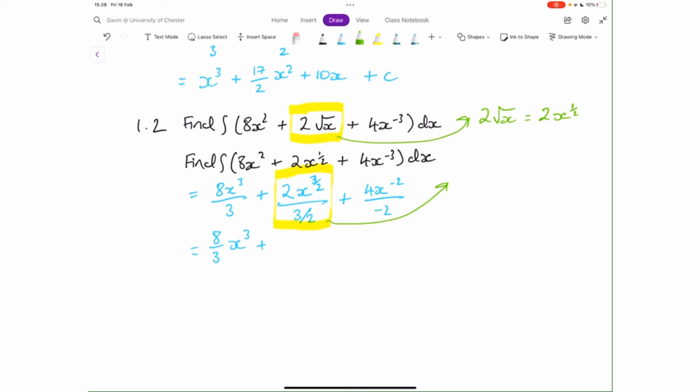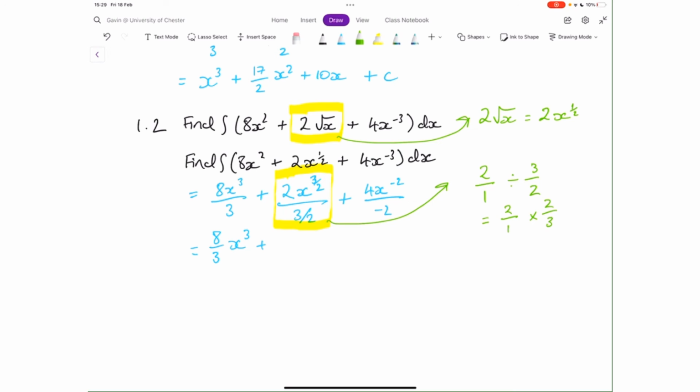I've basically got 2 divided by 1 divided by 3 divided by 2, which of course is equal to, keep it, change it, flip it, 2 divided by 1 multiplied by 2 over 3.